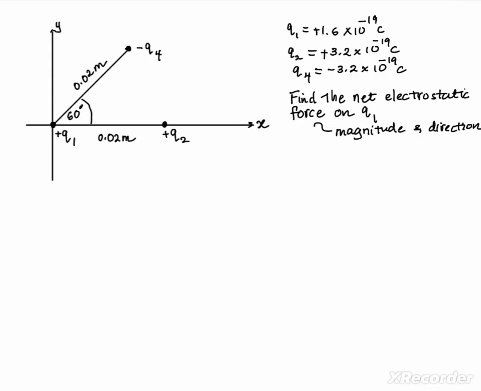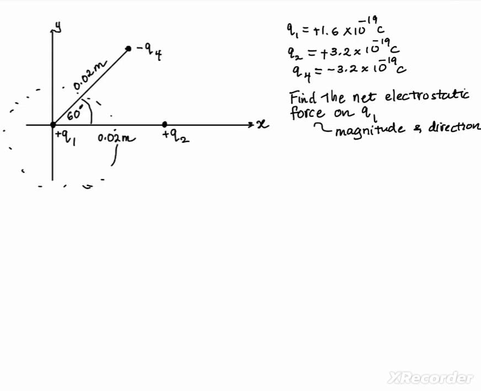So let's look at the electrostatic forces on Q1 because of Q2 and Q4. And because we are concentrating on Q1, we only look at what is happening at Q1. So Q1 and Q2 are both positive, which means they repel each other.